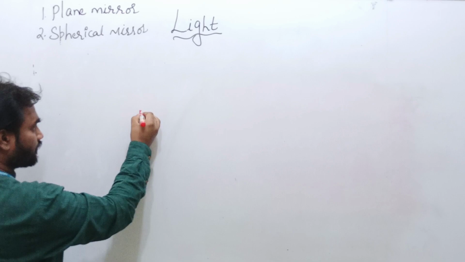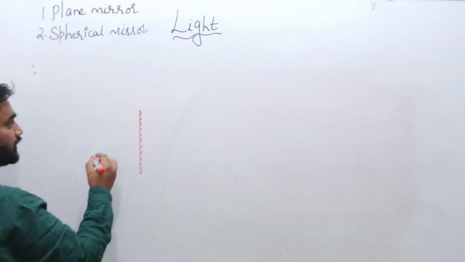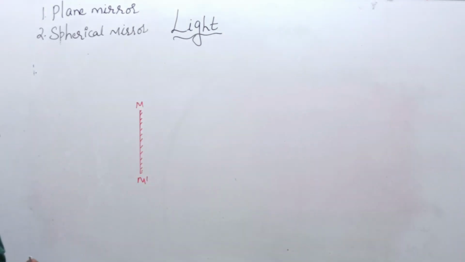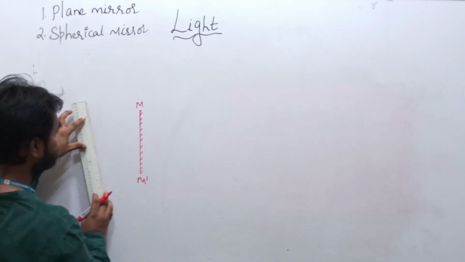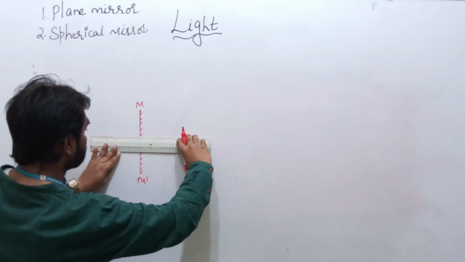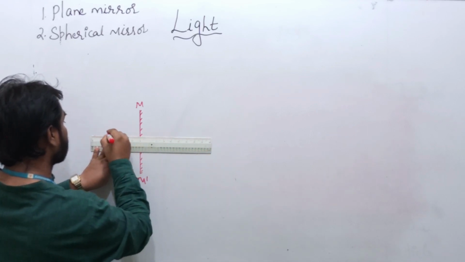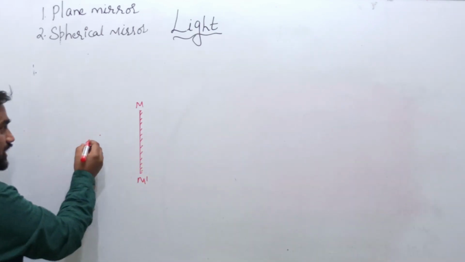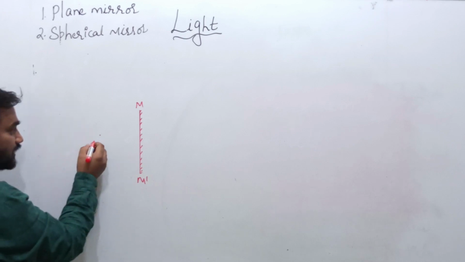If I take this as the mirror, plane mirror, M dash, and the center, somewhere here I'm going to place the object at a distance of 5 centimeter.